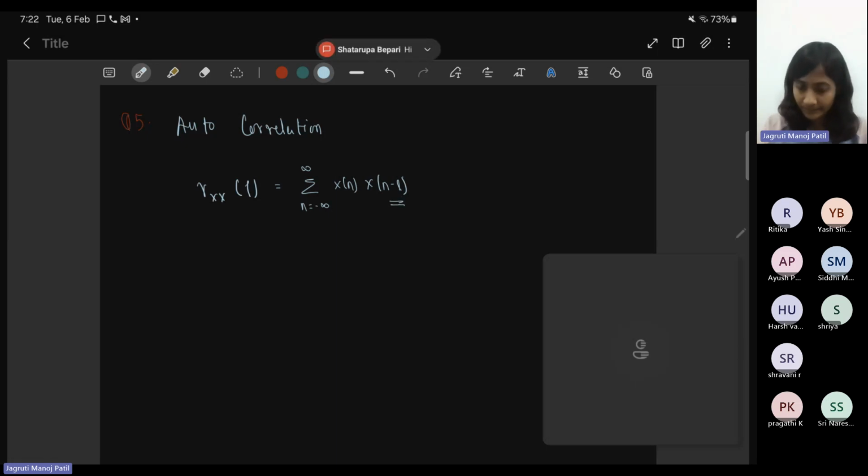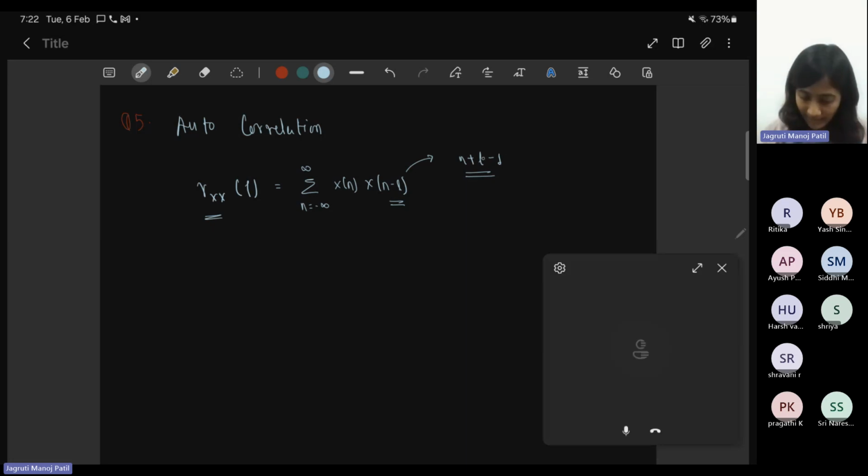There's a property that the number of terms in your correlation or convolution is n plus L minus 1. L can vary, but n depends on the length of the signal.